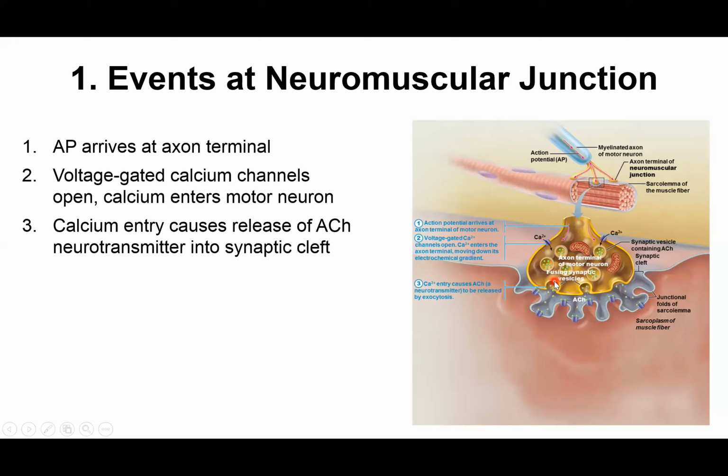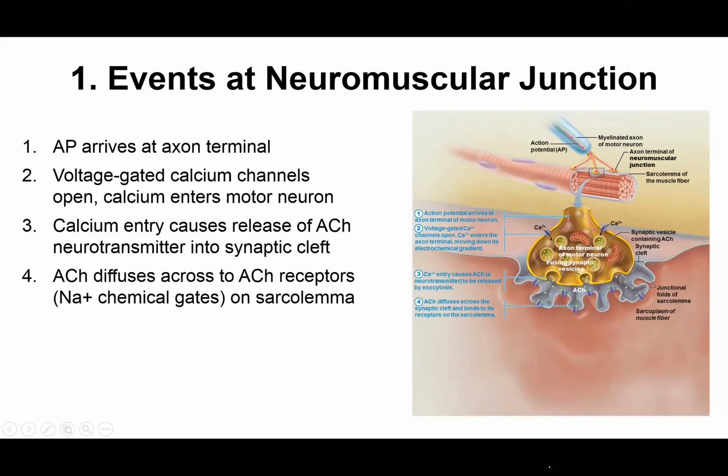In the fusion, acetylcholine gets spit out because of exocytosis and enters the synaptic cleft. And then acetylcholine is going to diffuse across the synaptic cleft and bind to an acetylcholine receptor.